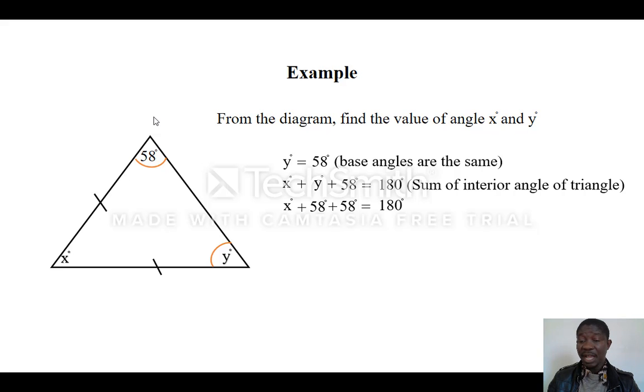Adding 58 to 58, we get X plus 116 degrees equal to 180 degrees. If we subtract 116 from 180, X equals 180 minus 116. So finally, X is equal to 64 degrees.